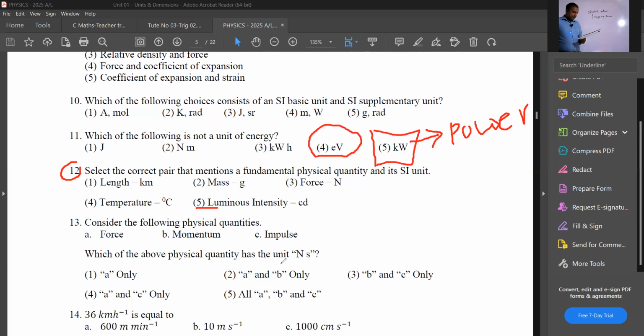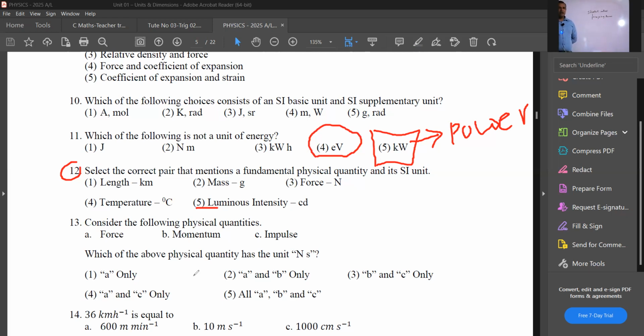Then 13. Consider the following physical quantities: force, momentum, and impulse. Which of the above physical quantities has the unit NS? Now you can use the eliminating method or rejecting answers method.